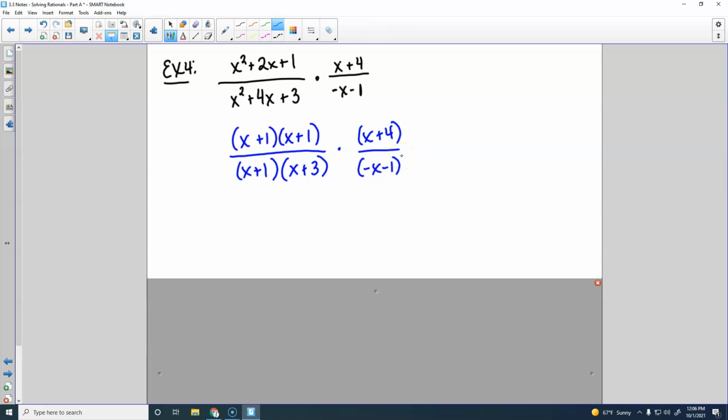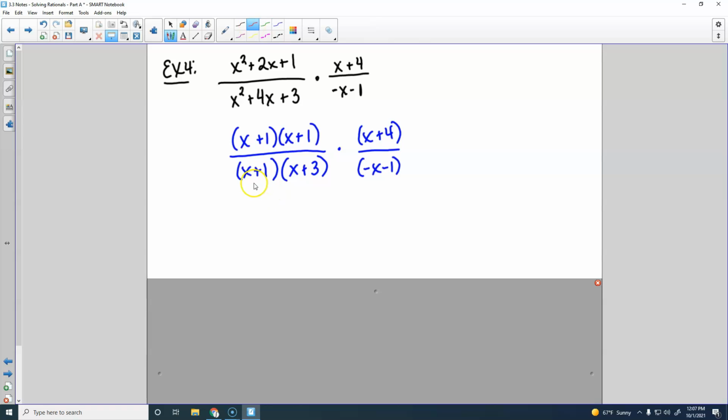Alright, so before we actually cancel anything, let's think about our excluded values, okay? Anything that would give me a 0 in any part of the denominator is going to be an excluded value. You're going to have on your assignment, like, some problems that just ask you to find excluded values. They don't even want you to solve. They just want you to tell them what the excluded values are.